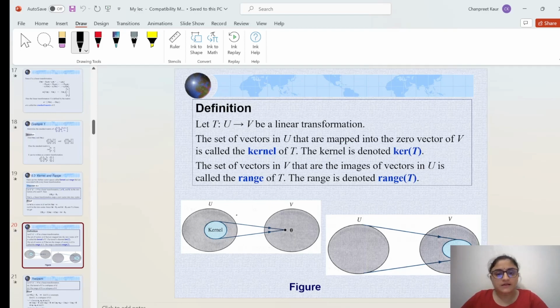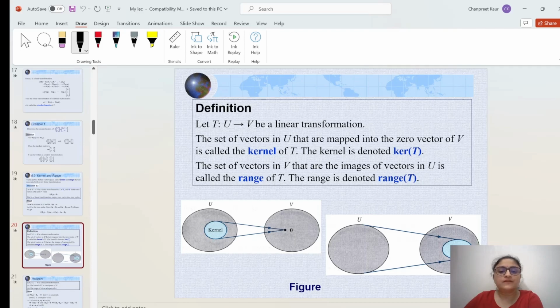So basically, the kernel of T is the collection of those elements from the vector space U which are mapped to the zero of the vector space V under the action of T. So the set of vectors in U that are mapped into the zero vector of V is called the kernel of the linear transformation T. The kernel of the linear transformation is denoted by ker, and within brackets we mention the linear transformation, that is T. So ker T.